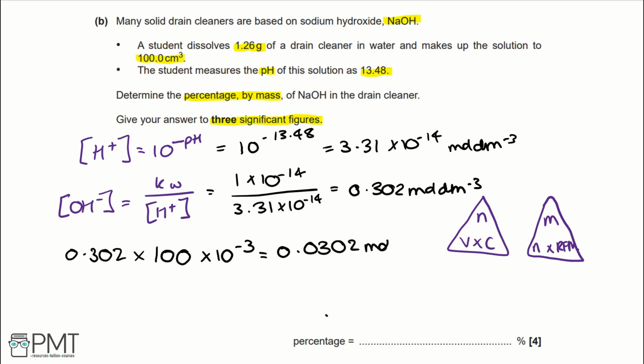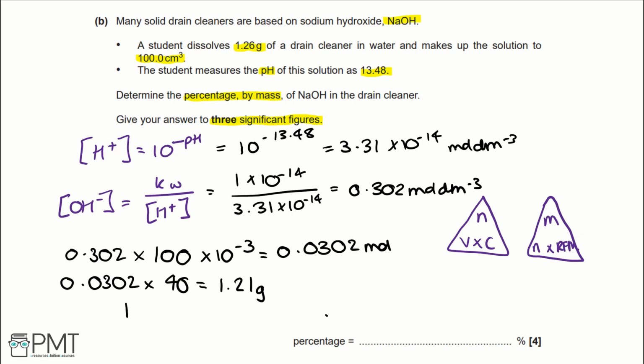0.0302 moles. Then working out mass, that would be 0.0302 times the relative formula mass of sodium hydroxide, which is 40. So that gives us a mass of 1.21 grams. And we want the percentage by mass of sodium hydroxide in the drain cleaner.